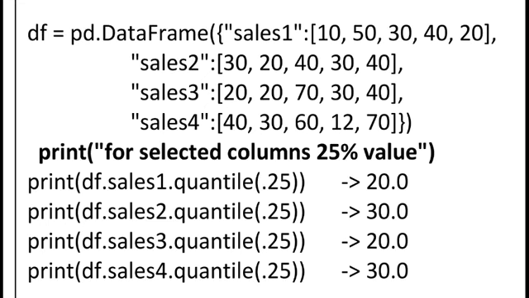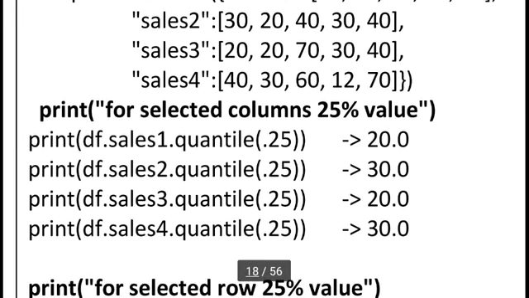Suppose you want to see the second column 25%. Here I change the column name: df.sales2.quantile with .25, and the output is 30. If you want to see the 25% of column 3, you write df.sales3.quantile with .25. This is our last column.